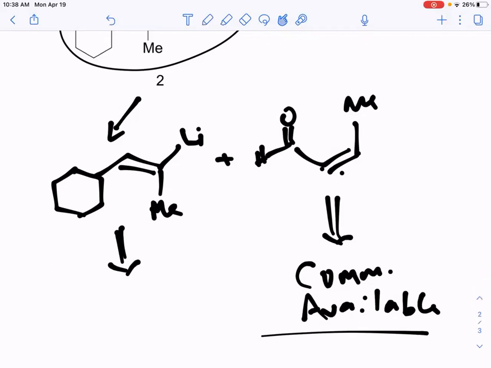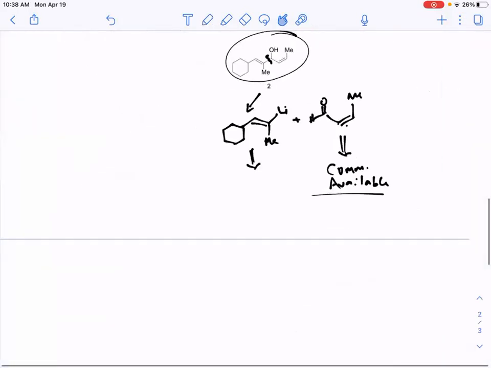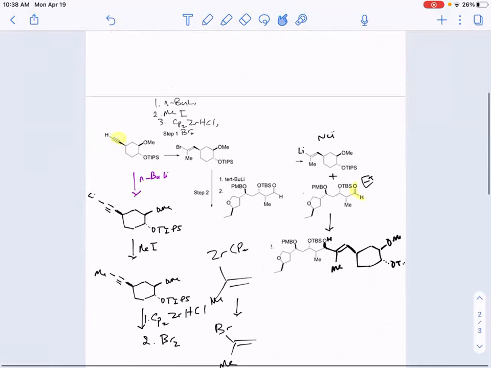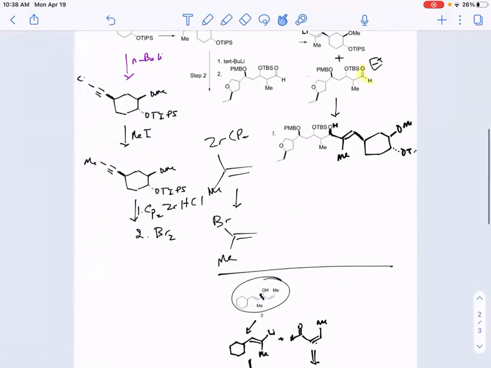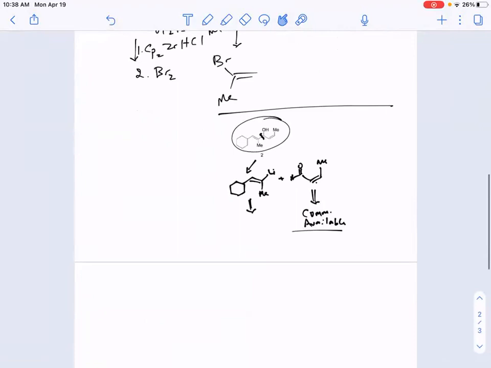That's why we worked that first problem first, because you could think of using a similar strategy right there. So how would you get to that vinyl lithium? All right, just think back to what we just did. What would you do? Could you start with a triple bond that was substituted already?